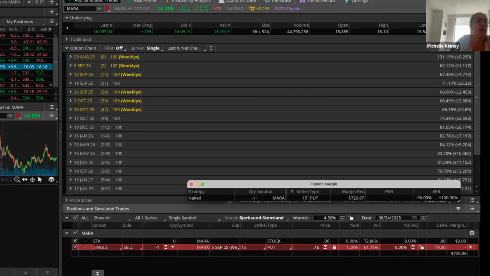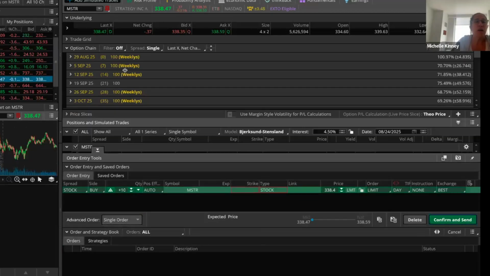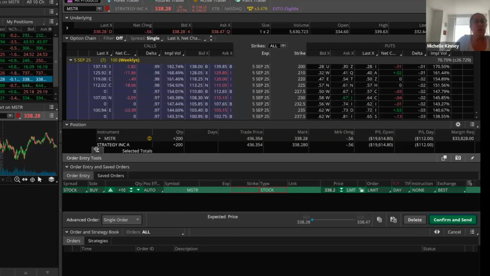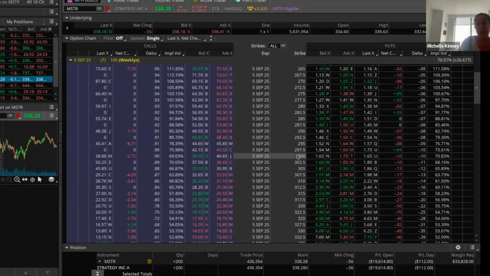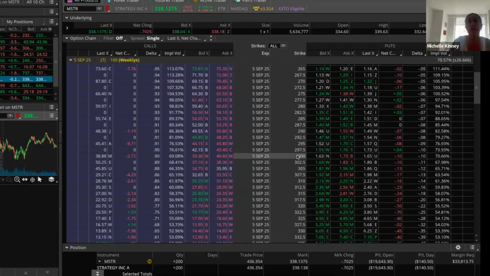Let's go back to MicroStrategy as an example. Let's say you sell a $300 put in MicroStrategy. A $300 put means that if you don't use margin, you have to have $30,000 in your account. If you have a $30,000 account and you sell a $300 put on MicroStrategy, no matter where that stock goes, you will never encounter a margin call because you already have the money up.